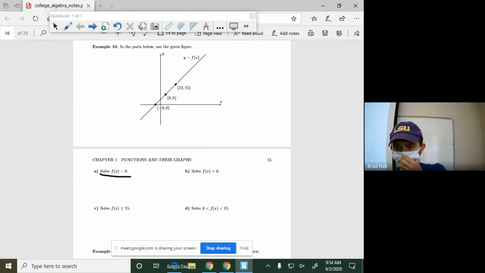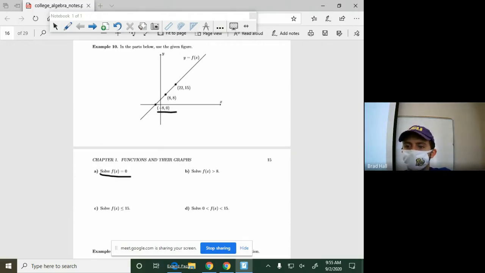Part A wants to know when the function itself is equal to 0. Well, there's no way to do this algebraically because there's no function, like 5x plus 3 or anything. There's nothing like that. We have this function equal to 0, which in other words means y is 0. Now, when we look at this graph, where is y equal to 0?